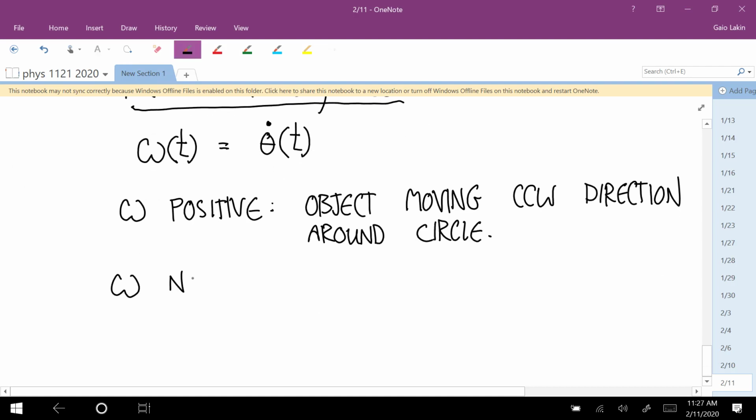And if omega is negative, it means it's moving in a clockwise direction. So object moving clockwise around the circle.